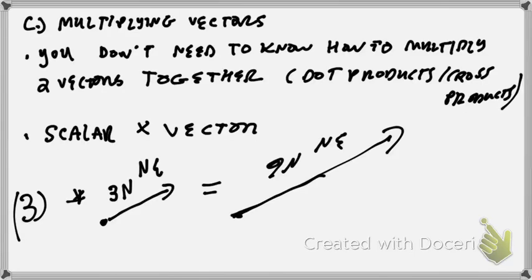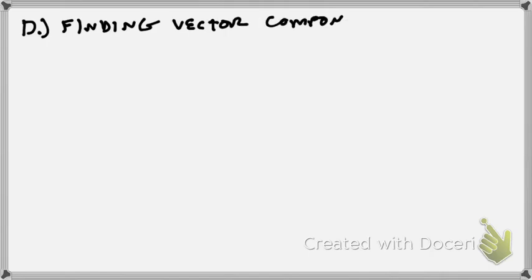All right. So the next thing that we're going to talk about is finding vector components. Besides knowing the difference between vectors and scalars, the second most important thing you need to know, probably the most important thing out of this lecture, is the components of a vector.